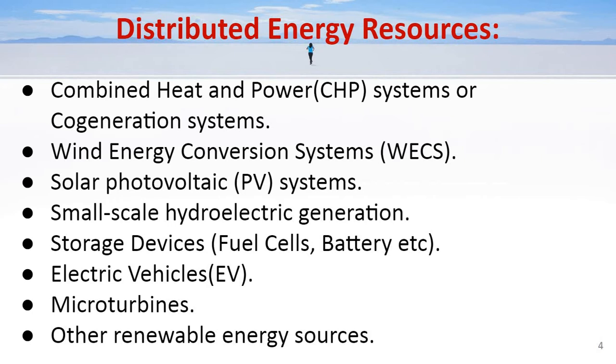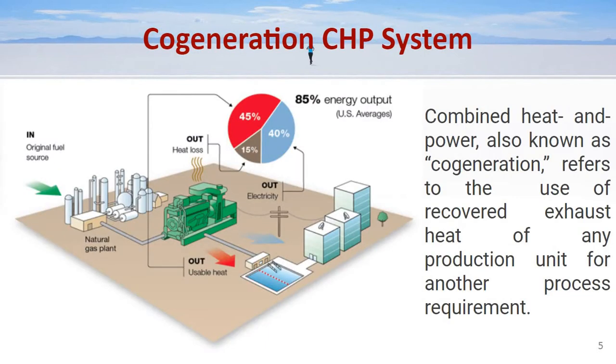Then wind energy conversion systems, solar photovoltaic or PV systems, small scale hydroelectric generation, storage devices like fuel cells, battery, etc., electric vehicles, micro turbines, and other renewable energy sources.